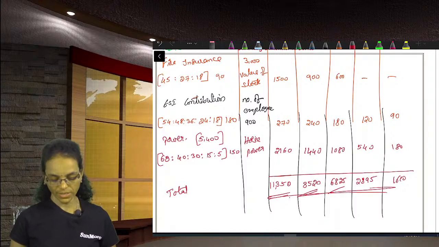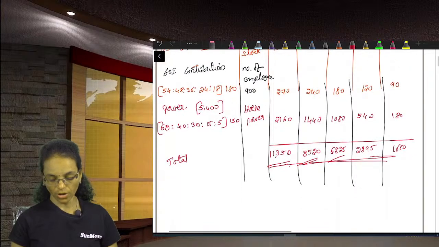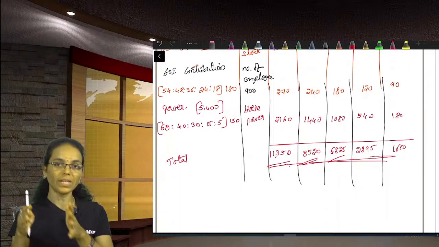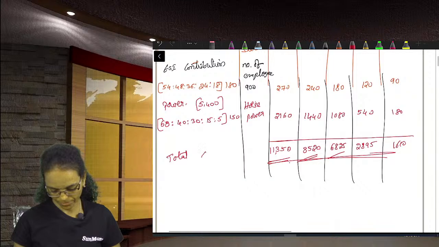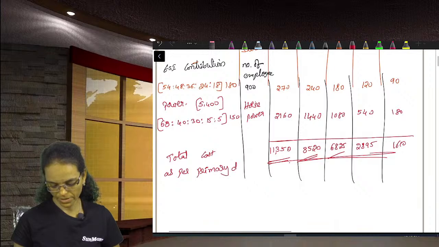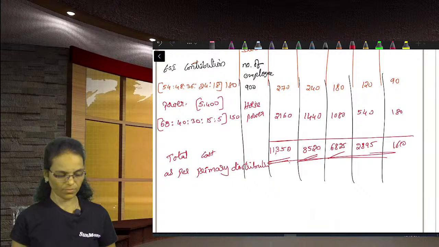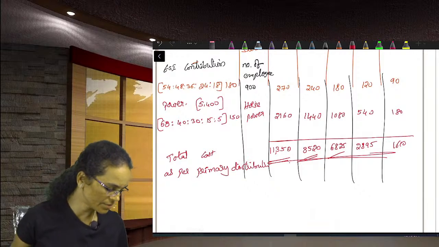Yeah, this is the total cost for the respective departments as per the primary distribution. Understood, right?